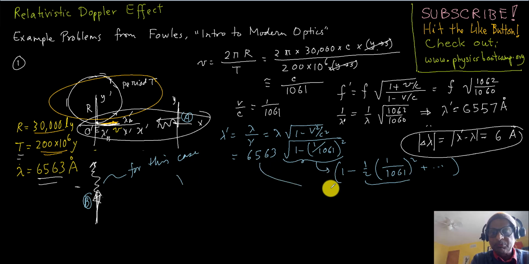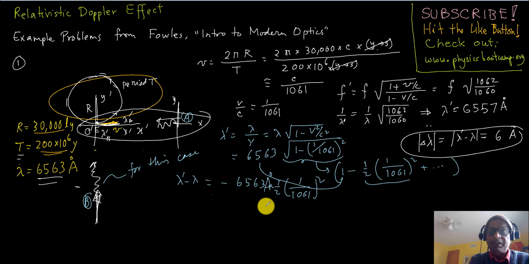So lambda prime minus lambda equals minus 63 times half 1 over 61 squared, and this is in angstroms. So we can simplify it and just calculate and get the final answer.